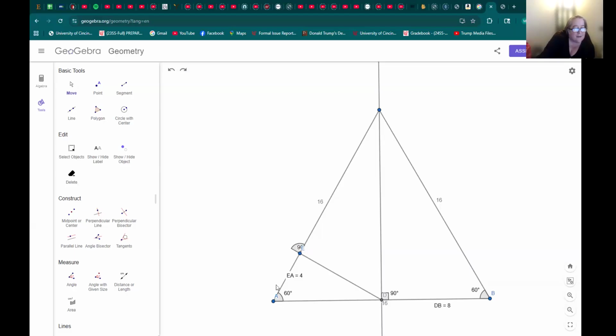And now I have this side is 4 units long. I remember that the hypotenuse of this little right triangle is 8. So I still have a 30, 60, 90 triangle, and the short side is half of the hypotenuse. So we're going to do a Pythagorean theorem with this, going into my other system yet again, and we will be switching screens.